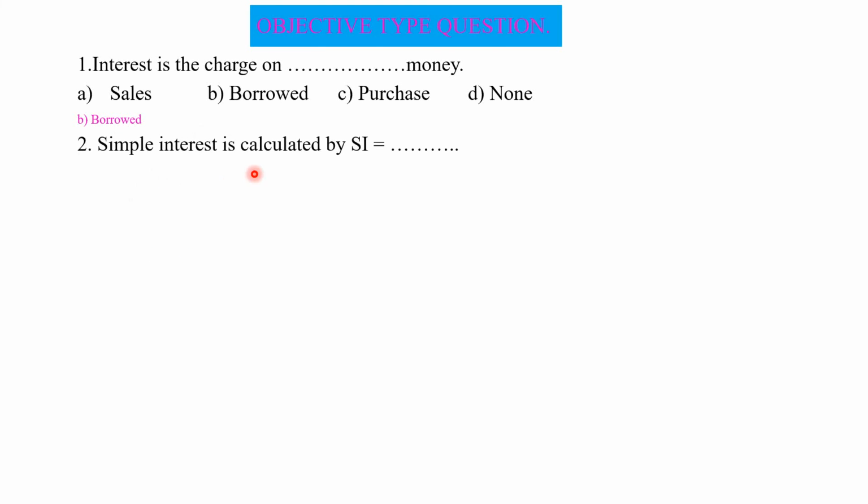Second, simple interest is calculated by. We learned the formula. Simple interest is calculated by, and the options are given. The second option is right, PRN divided by 100.